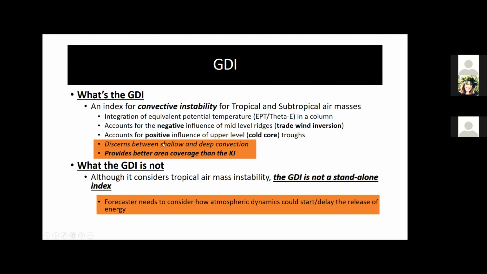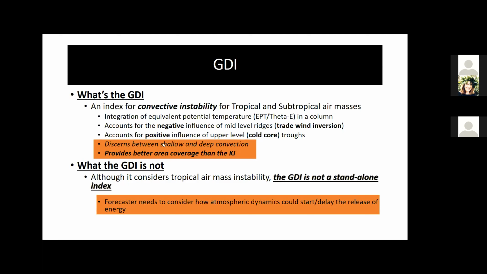As Jose described during his presentation, the GDI deals with convective instability, and it focuses mainly on tropical and subtropical air masses. When we deal with extratropical air masses, they are too dry, so it doesn't do as well. Especially continental polar air masses, which you guys don't have that problem over the Pacific, since you deal mostly with maritime air masses.